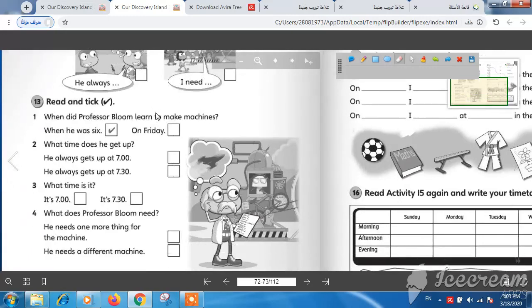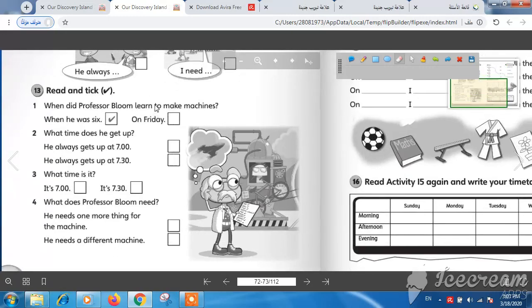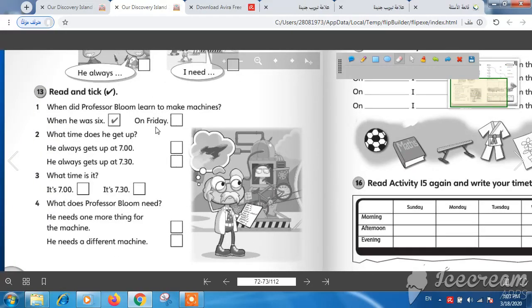Let's go now to the part at the bottom of the page. We have to read and tick. When did Professor Bloom learn to make machines? The first one is done for you: when he was 6. Here we have 3 more questions. Number 2, 3, and 4. What time does he get up?